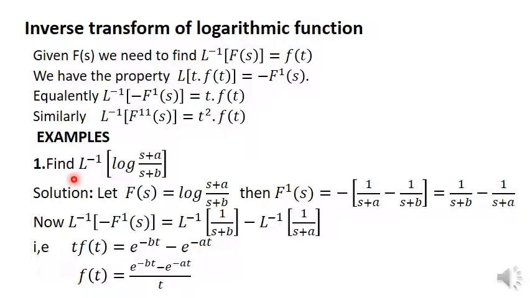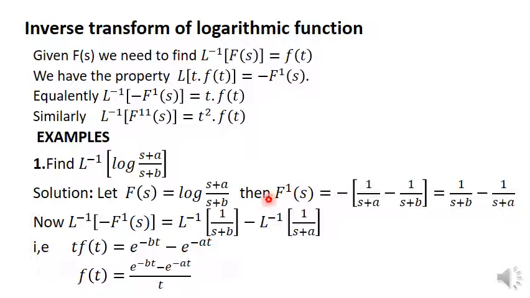Example 1: find inverse Laplace transform of the logarithmic function log of (s plus a) divided by (s plus b). Let f of s be this function. By using one of the properties of logarithm, we can write this function as log of s plus a minus log of s plus b. Now, we differentiate this f of s with respect to s.